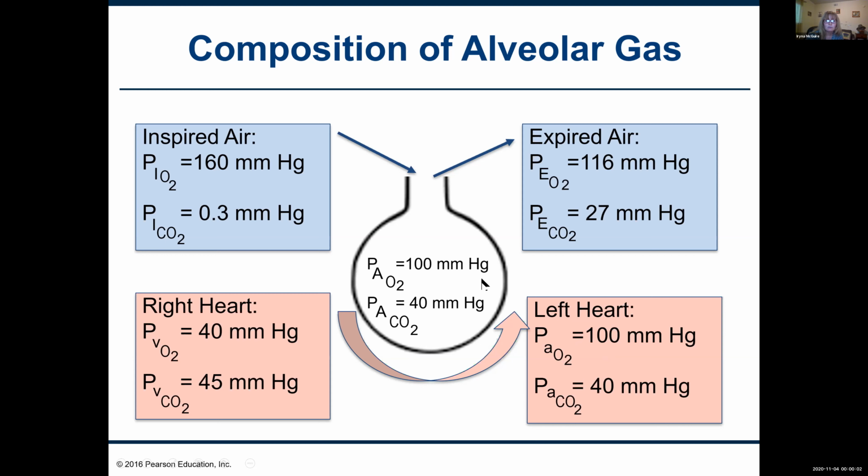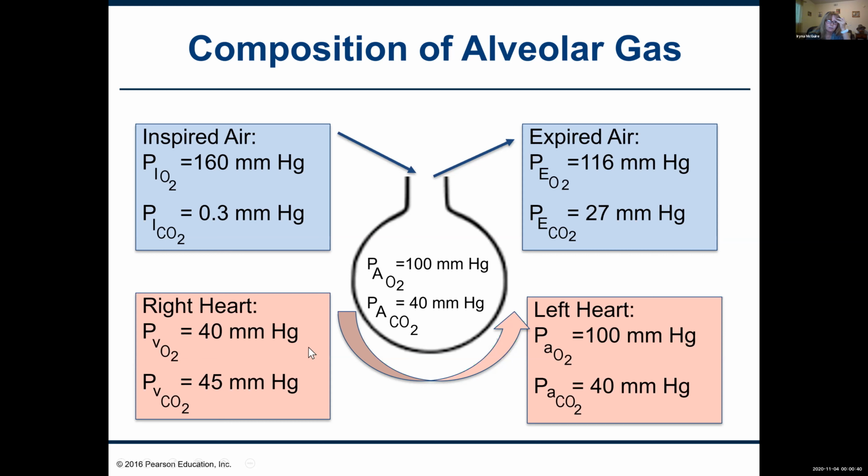In the left heart we have the same: partial pressure of oxygen 100 and partial pressure of carbon dioxide 40, right? So in the left heart we have 140, and the same in our large arteries. That's the blood your body delivers to the tissues. Now the blood that returns to alveoli in the right heart has a partial pressure of oxygen of 40 and of carbon dioxide of 45.